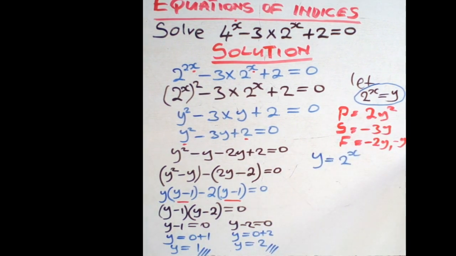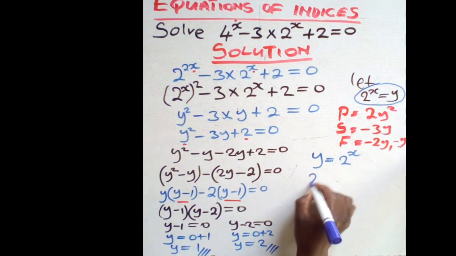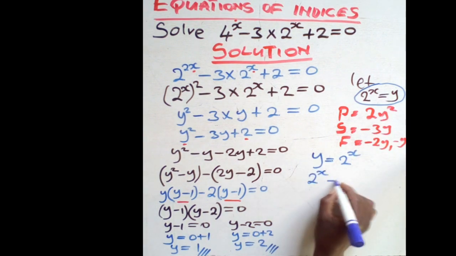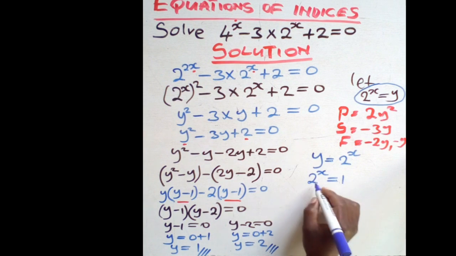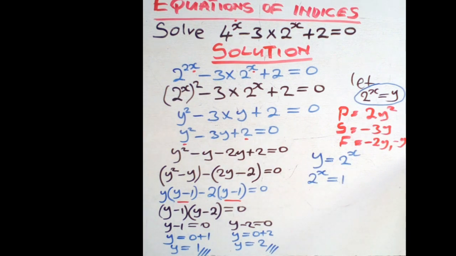So then, the first value of y is 1. So y is this 2 to the power x. Hence, what are we saying? We are saying 2 to the power x is equal to 1. According to indices, any number to the power 0 is equal to 1.